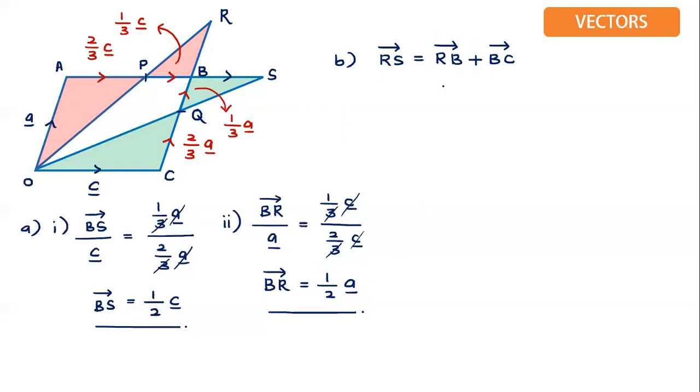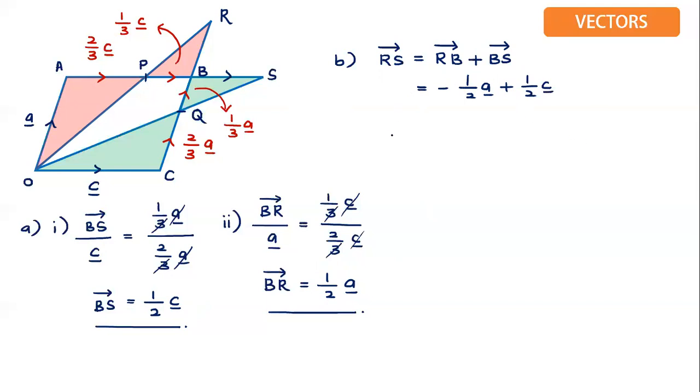So when you go against the direction, it's going to be negative. It's negative 1 over 2A plus BS, sorry, this is supposed to be BS. So BS is 1 over 2C. Okay, done. So this is the RS.